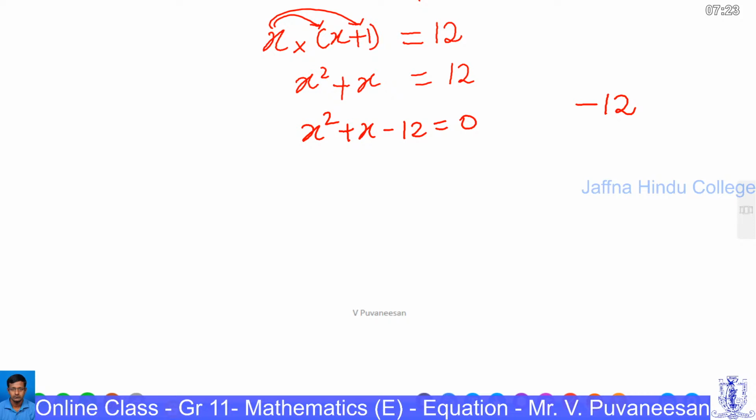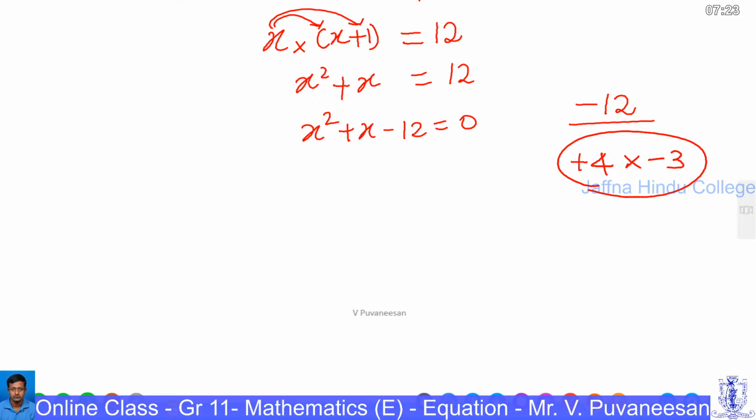So we consider the factors of minus 12 as plus 4 into minus 3. Look at the factors: plus 4 into minus 3 equals minus 12. When we add both, plus 4 with minus 3 equals plus 1.